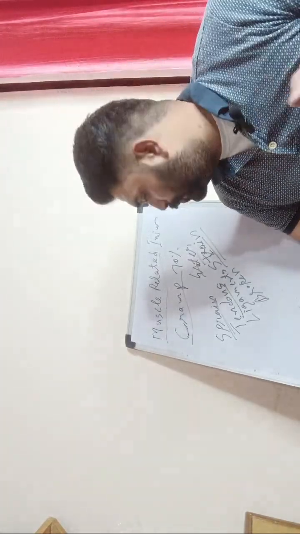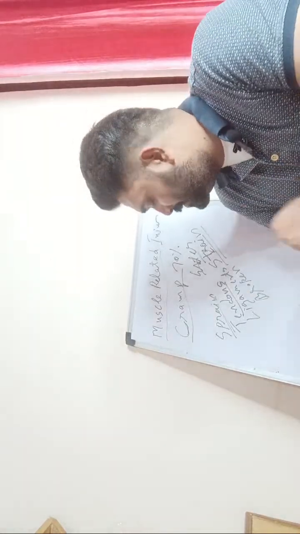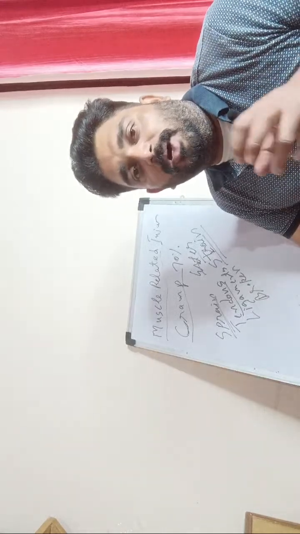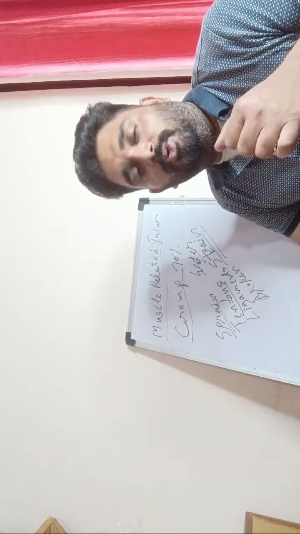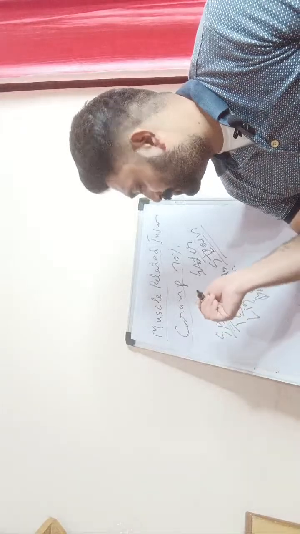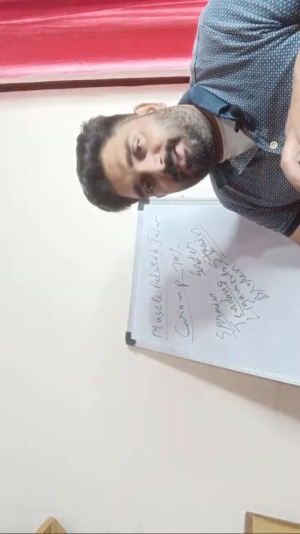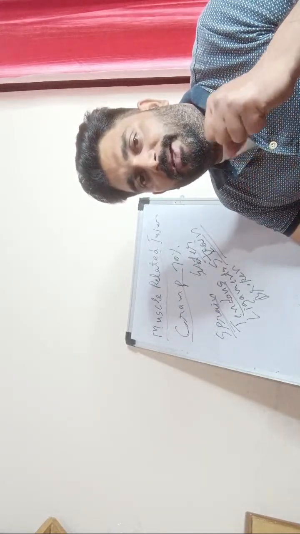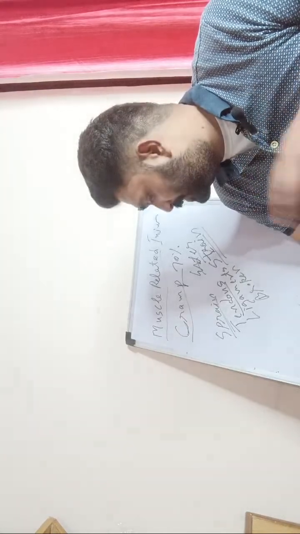So what will you write in the answer when you are going to write about these muscle injuries? First of all, cramp. It is an inability of the muscle to work properly. This happens due to the lack of water in the muscle, or the muscle is dehydrated. Second is when, due to pressure, the tendons and ligaments present in the joint are broken, and the joint is not able to move properly due to those broken tendons and ligaments.